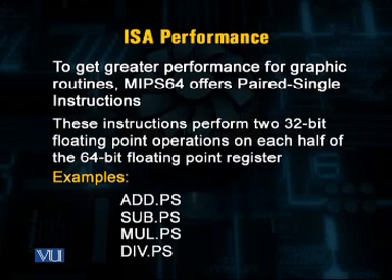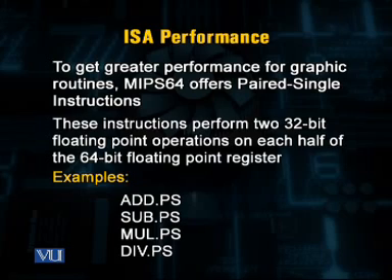MIPS64 offers paired single instructions. The paired single instructions are those which are used to perform two 32-bit floating point operations on each half of 64-bit floating point data. These instructions are like add.ps. The add means it is the addition of paired single word.